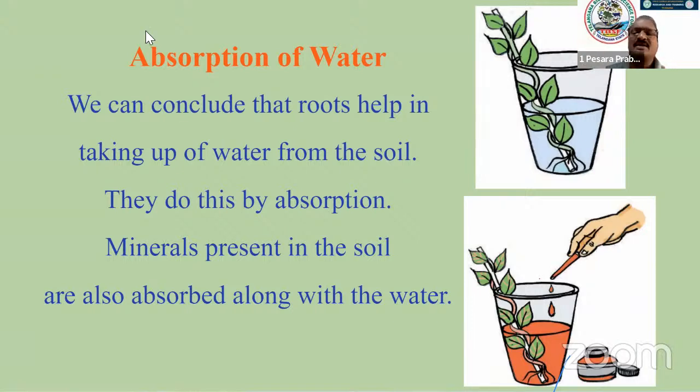So from the water, they absorb red ink, red color also. So what happened naturally? This water with red color is transported from roots and stem to the leaves. So in the veins, red spots appear. Okay. So they do this by a special process called absorption.